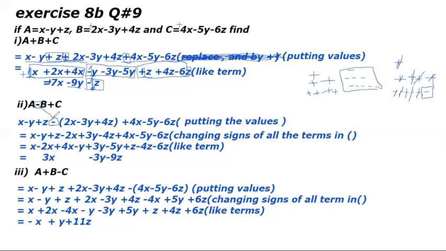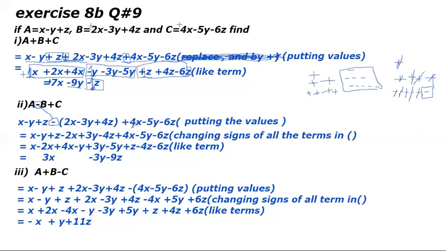Look, this is a negative sign, and before writing the value of b, you have to put this algebraic expression inside the parentheses. Okay, now you can see this is a positive sign.